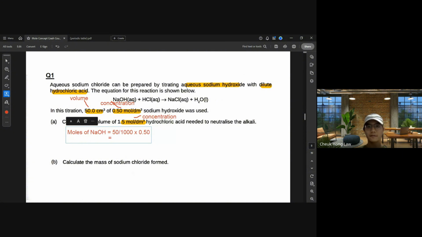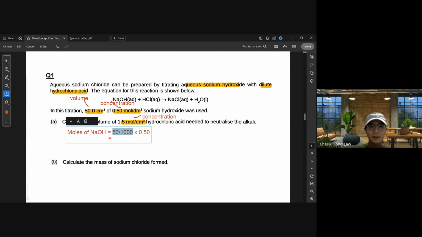I didn't just take 50 times 0.50. Can anyone tell me why I divided by 1000? Why 50 divided by 1000? Can you please write down in the chat? Why did I divide by 1000 instead of just 50 times 0.5? Correct, to change from cm³ to dm³.